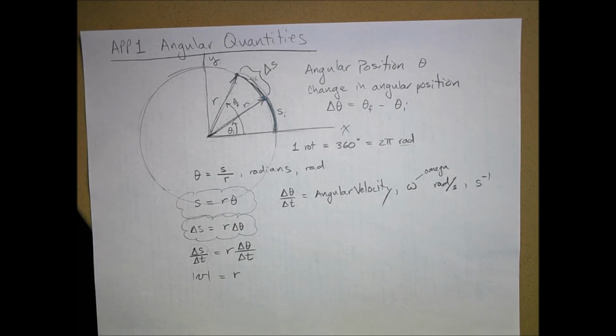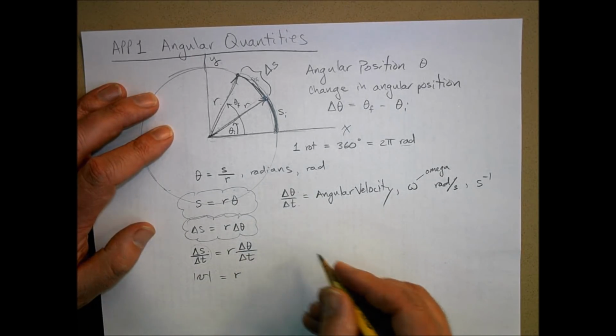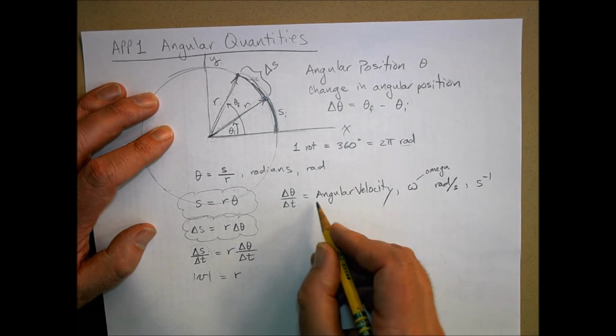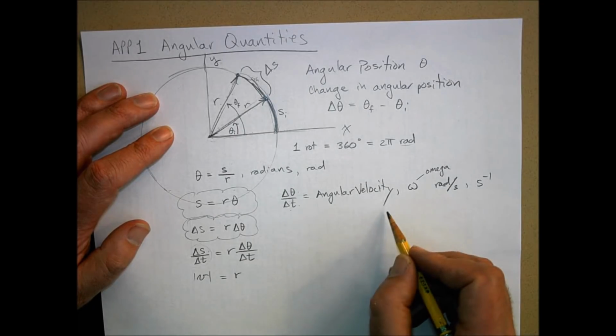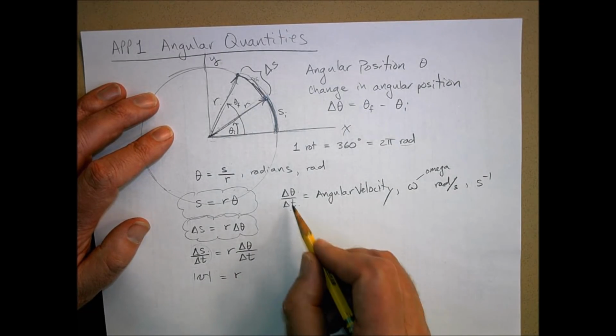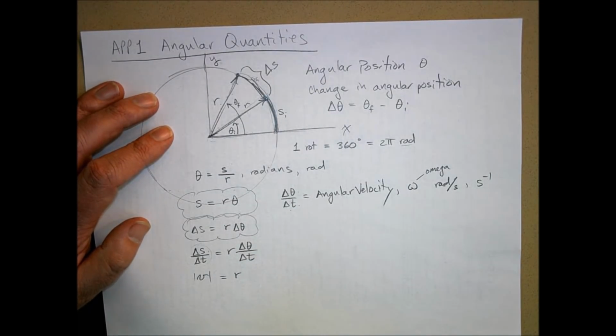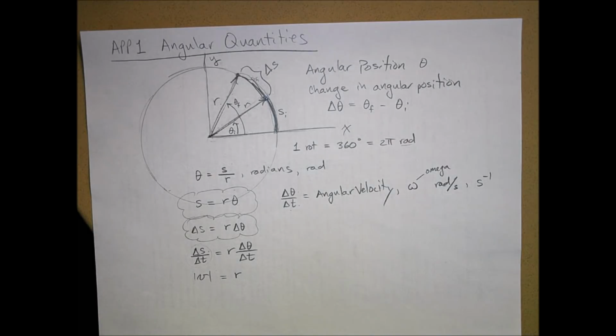So now, if you keep it delta theta over delta t, it's an average angular velocity. But if you let delta t go to 0, take the limit as delta t goes to 0, like we did with going from average velocity to instantaneous velocity, you'll get instantaneous angular velocity.